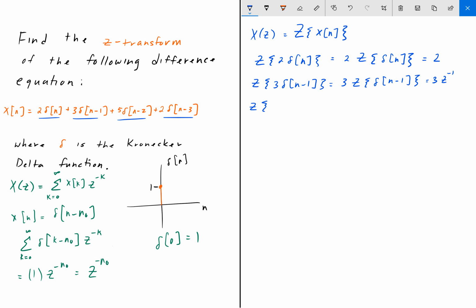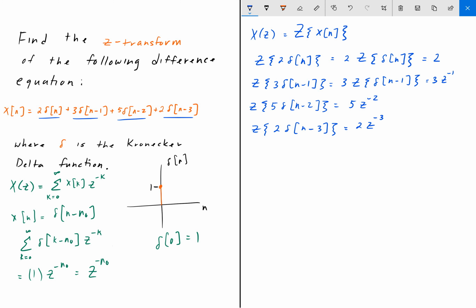The z-transform of 5 delta n minus 2 is equal to 5 z to the minus 2. The z-transform of 2 delta n minus 3 is going to be 2 z to the minus 3.